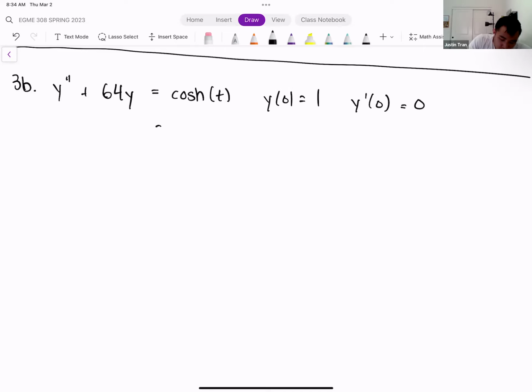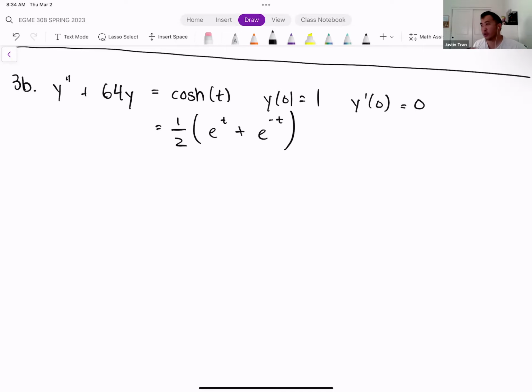Remember, cosh of t is nothing more than something we can represent using exponential functions, and so one thing you can do is set this equal to 1/2 times e to the t plus e to the minus t.